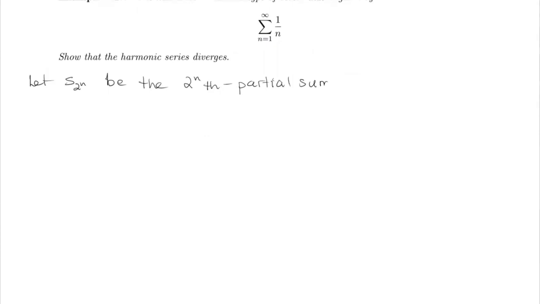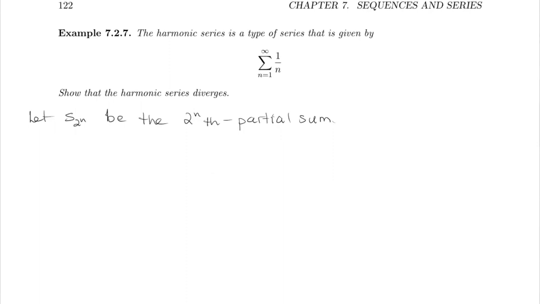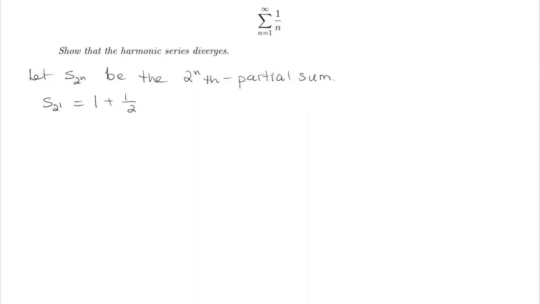Why do we consider this? Well, let's have a look at each of them. s of 2 to the power 1 is going to be just the first and the second term, meaning that we'll just have 1 plus 1/2. Nothing just yet. Okay. For the second one, s of 2 to the power 2, that's going to be 4 terms. We're going to get 1 plus 1/2 plus 1/3 plus 1/4.